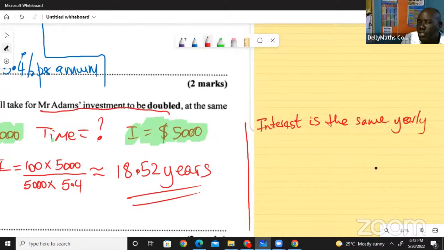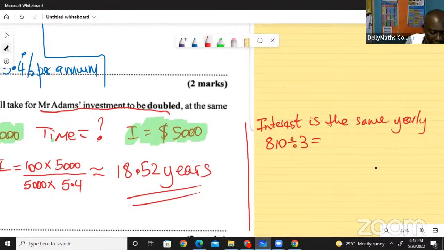So if you make $500 this year in a simple interest agreement from a bank, you're going to make $500 next year just the same. The interest will not change. So we're saying that this person made $810 over 3 years. Then I could divide the 810 by 3 to see how much this person actually made in 1 year.